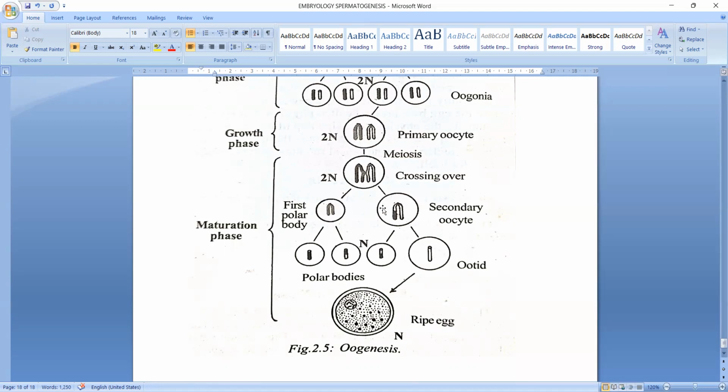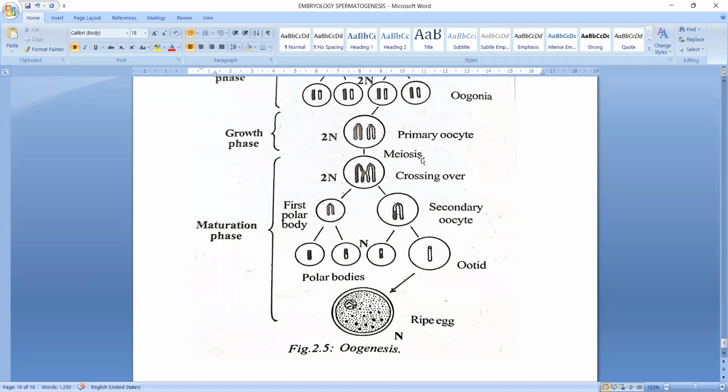As usual, the secondary oocyte is bigger in the female, whereas the polocyte is smaller than the secondary oocyte. We should always remember that meiosis 1 occurs in the primary spermatocyte in the male and in the primary oocyte in the female.